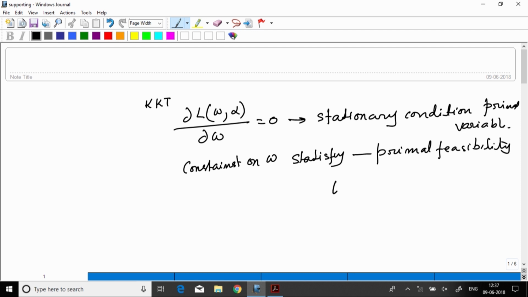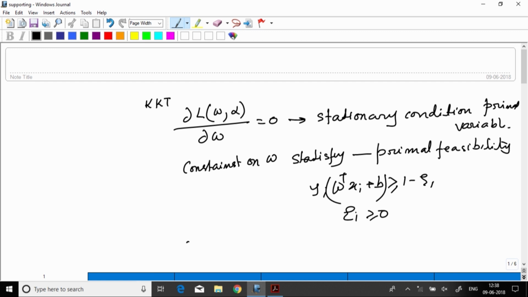So here we want y_i (W transpose x_i plus b) greater than or equal to 1 minus xi_i for all i. And also we want xi_i greater than or equal to 0. These two constraints were there in our primal problem.